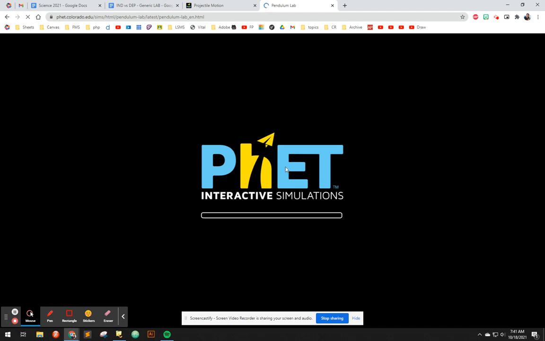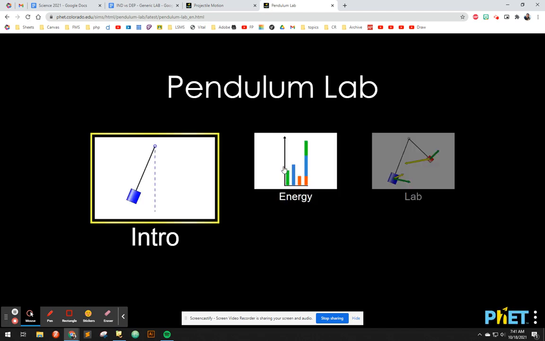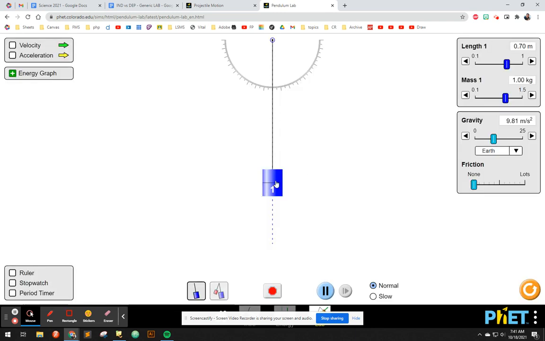But just as an example, let's go to the lab here. And let's see, maybe the rate at which it swings back and forth is influenced by the length of the string. So if we increase or decrease the length of the string, I wonder if it'll swing faster.